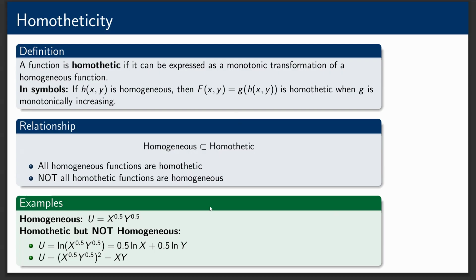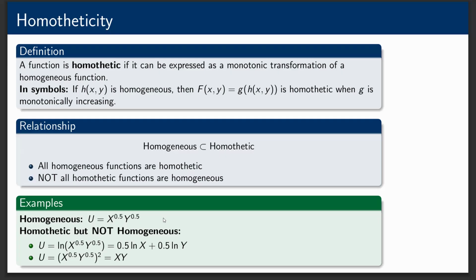Look at the example, u equals x to the power 0.5, y to the power 0.5. It is homothetic, but can you say it is homogeneous or not? Given u equals x to the power 0.5, y to the power 0.5, I can factor it out. It will be homogeneous of degree 1. Now take its log value. The log always gives you a monotonic transformation. The log value of the new function will be a homothetic function.